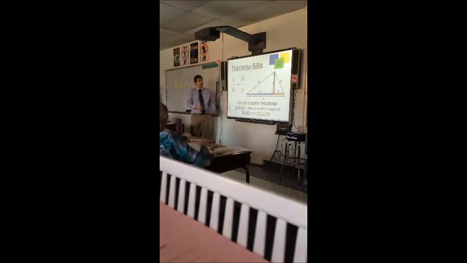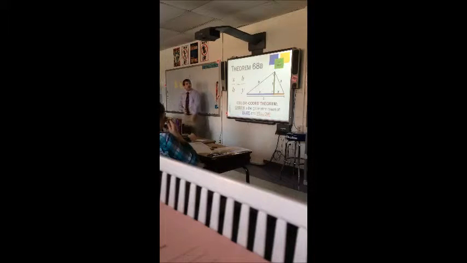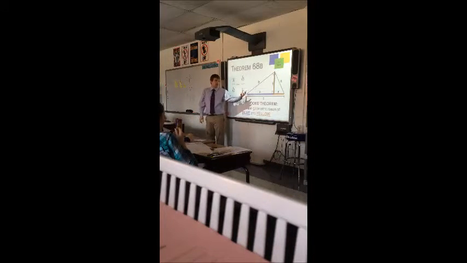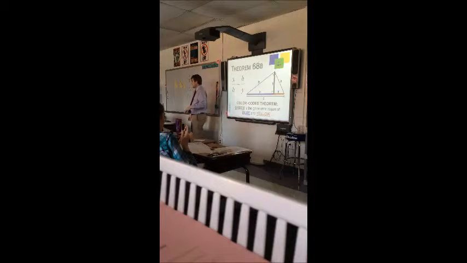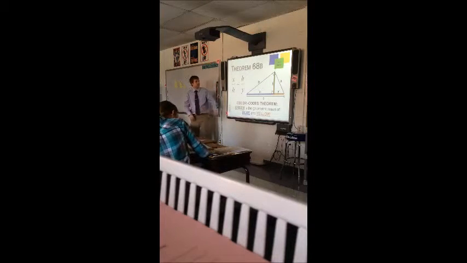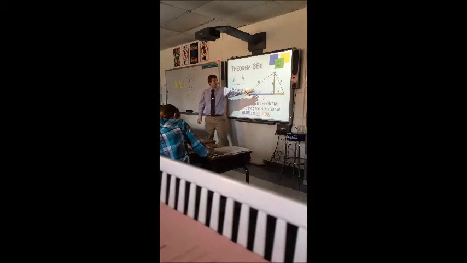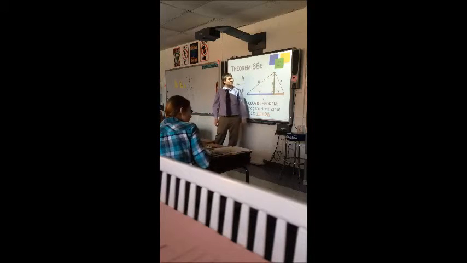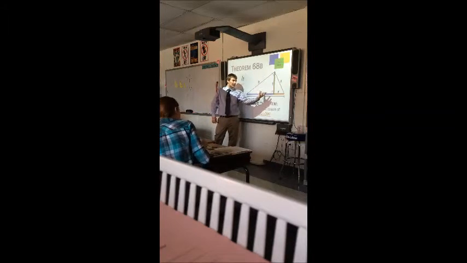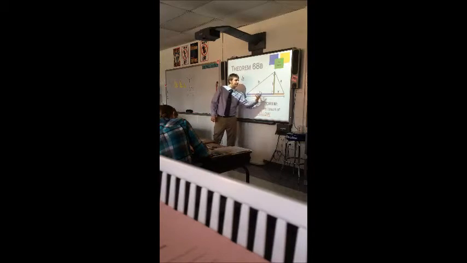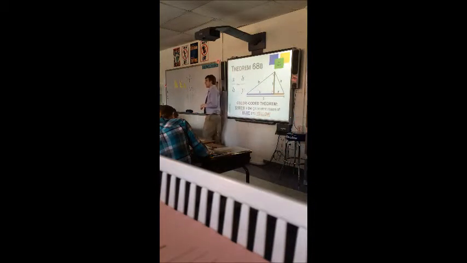And just so you guys know, blue and yellow are reversible. So I could have had x as yellow and y as blue, because they are interchangeable. So green is the geometric mean of blue and yellow. And we have our altitude is the geometric mean of the independent segments of our hypotenuse.